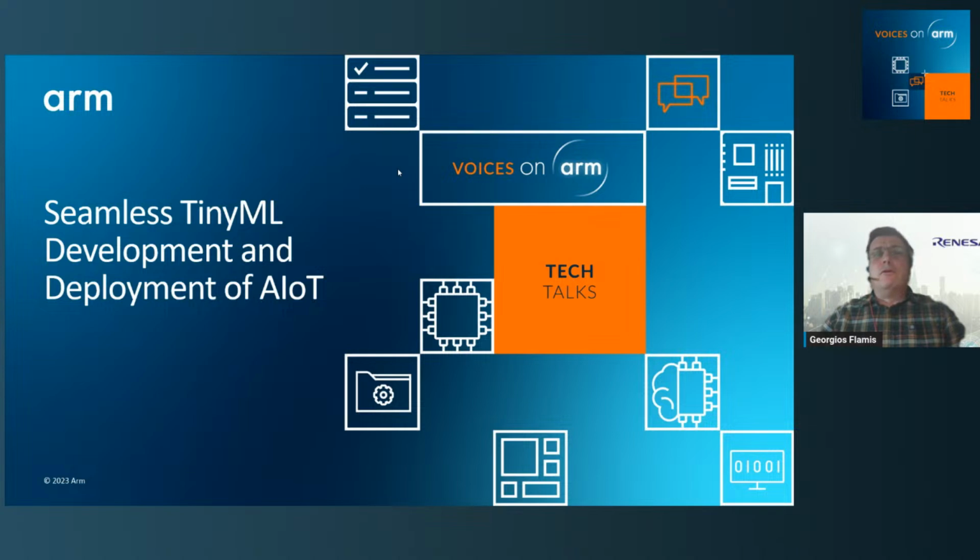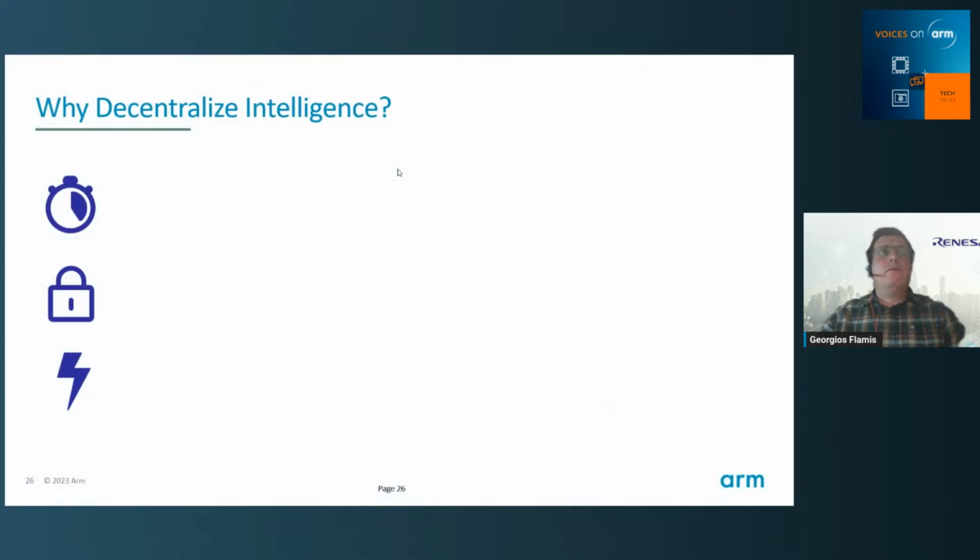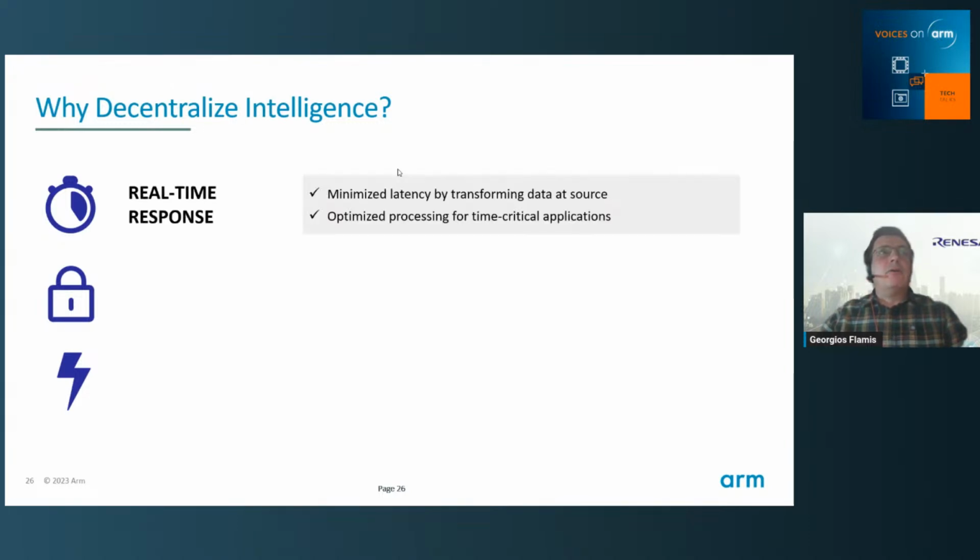And looking at the benefits of embedding intelligence at the endpoint, we definitely have several IoT applications that live in constrained environments: limited memory, limited compute, battery operated, and maybe not always connected.